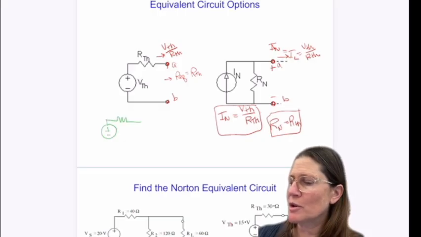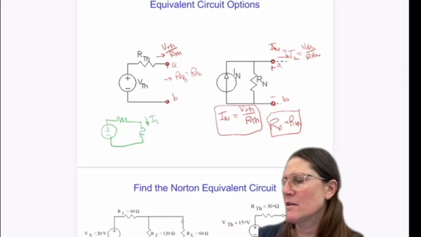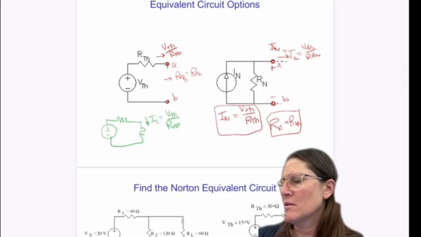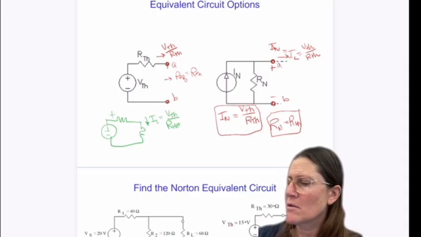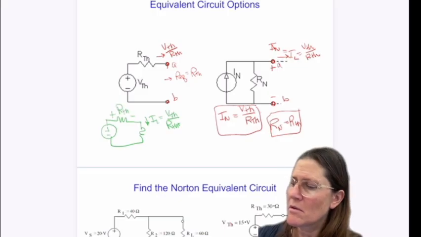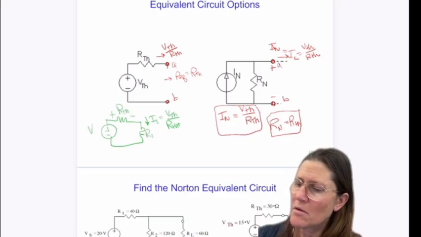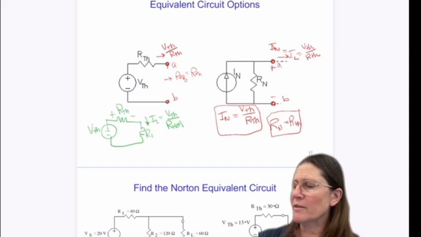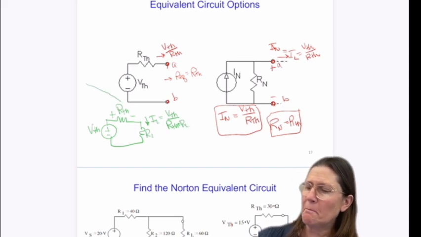So when I do put on the load, so that was just because of this circuit. So those were separate. Sorry.